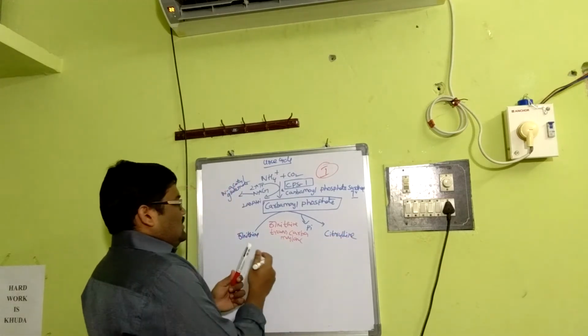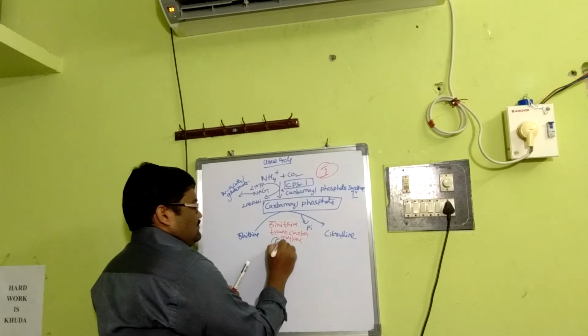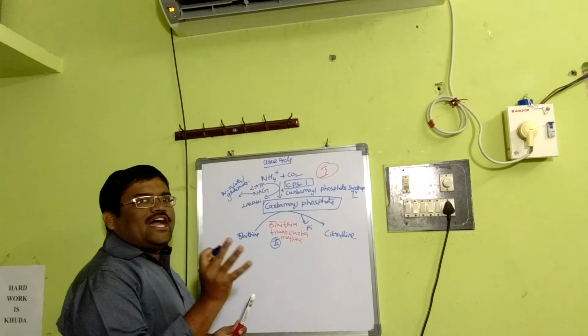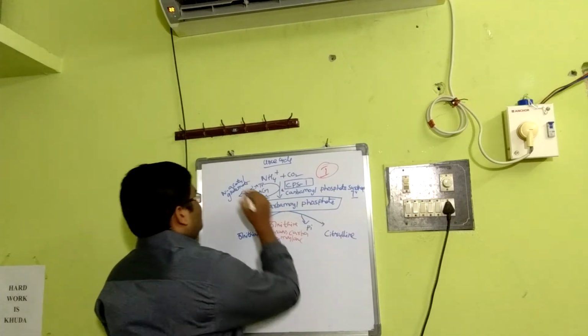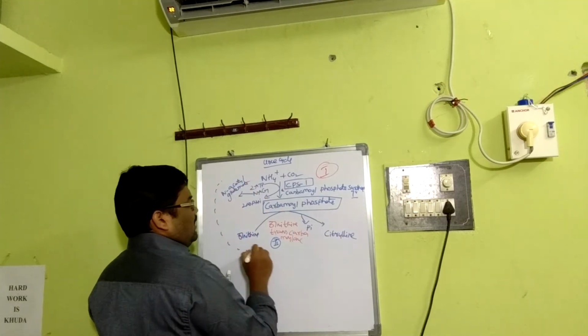That means this is the second reaction. I have already discussed that 2 reactions are in mitochondria and 3 reactions in cytosol. Up to this entire step takes place in mitochondria.